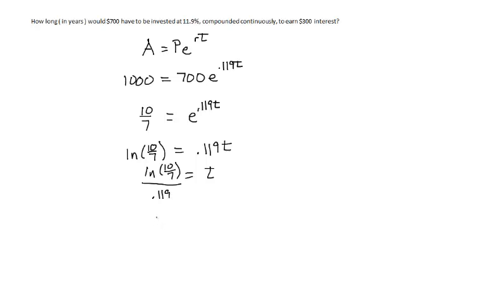And when we calculate this, we find that T is equal to 3 years. So it takes 3 years with an investment of $700 at 11.9% compounded continuously to earn $300 in interest. And that's our video on compound interest.